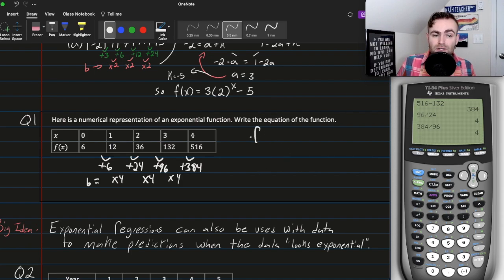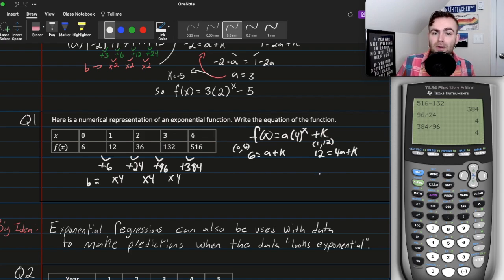So we have a function f of x is equal to a times 4 to the power of x plus k. Let's take some points. Let's take this 0, 6, and 1, 12, and plug those in. So we get 6 is equal to a plus k, and then we get 12 is equal to 4a plus k.